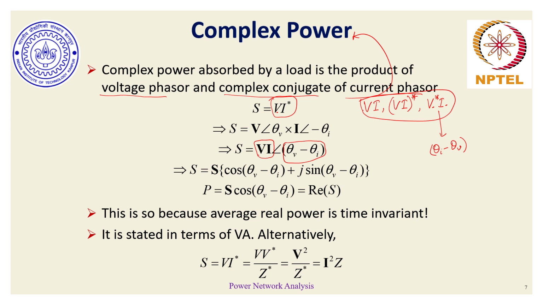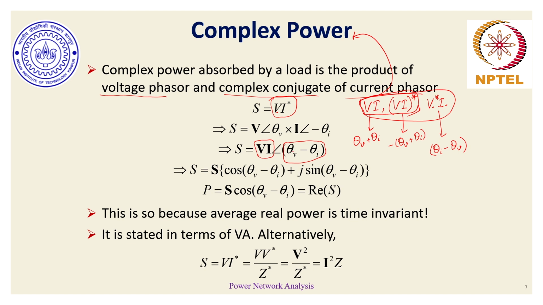We should understand that this is what is going to be the combination of phase angle. Whereas, if we talk about the first two combinations, which are V into I or conjugate of V into I, in both these cases we would have the phase angle in complex power appearing as theta V plus theta I, or in V I entire conjugate, it would be minus of theta V plus theta I. So now, let's see which of these combinations actually makes sense.